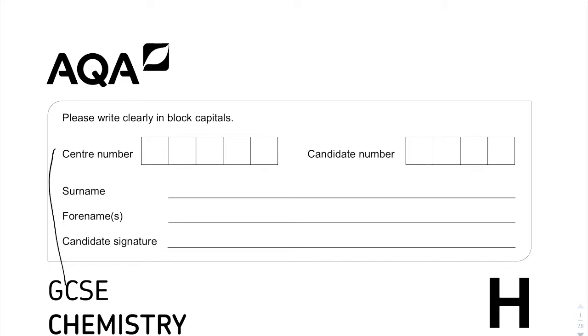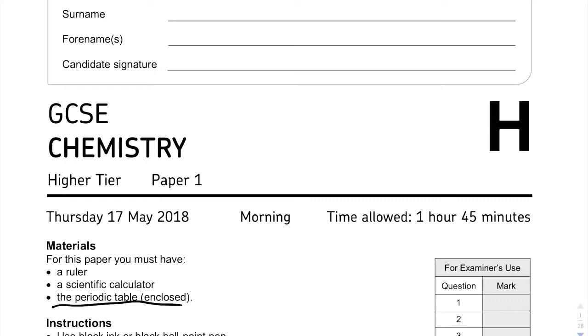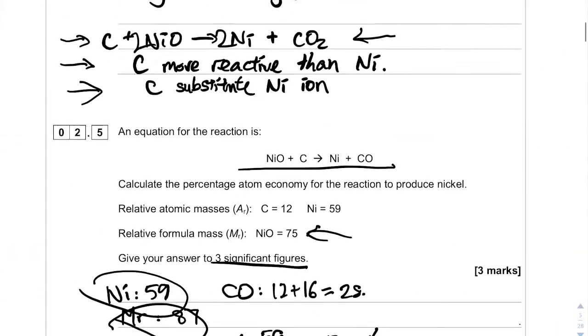Oops, that's my pen. So we're doing the higher tier, the second part of it. We have spent, I think, 50 odd minutes on the first half of the paper, which is not ideal, but I've kind of wasted a lot of time trying to explain things. So let's see how it goes.